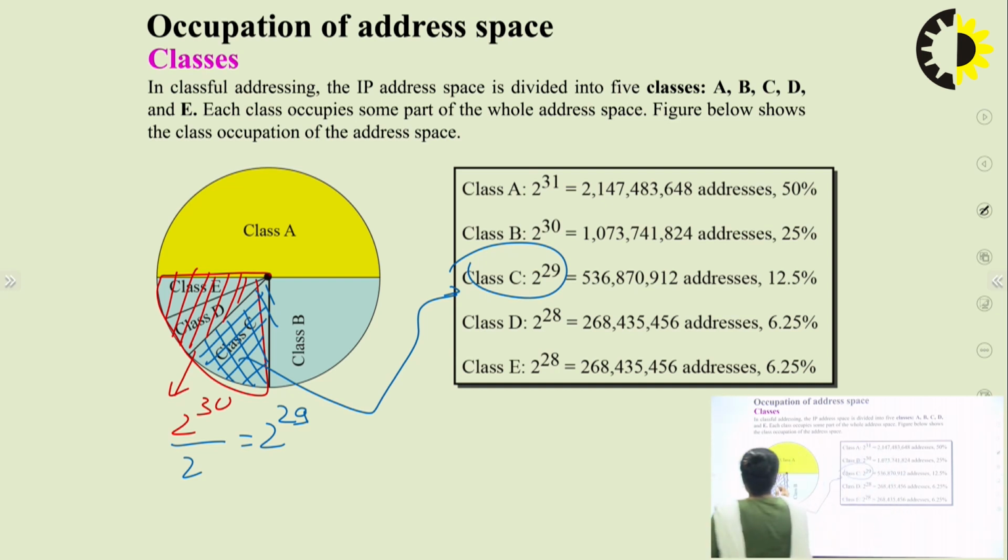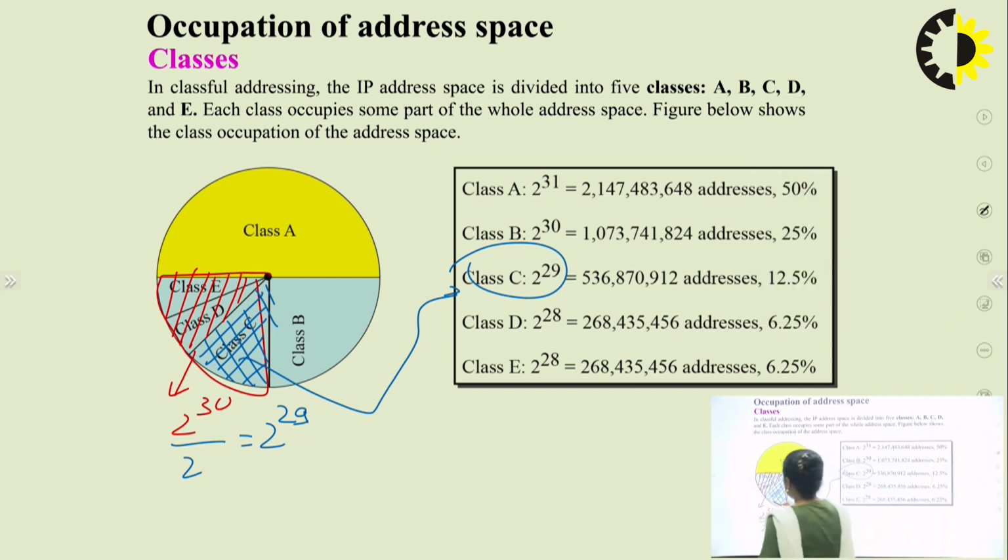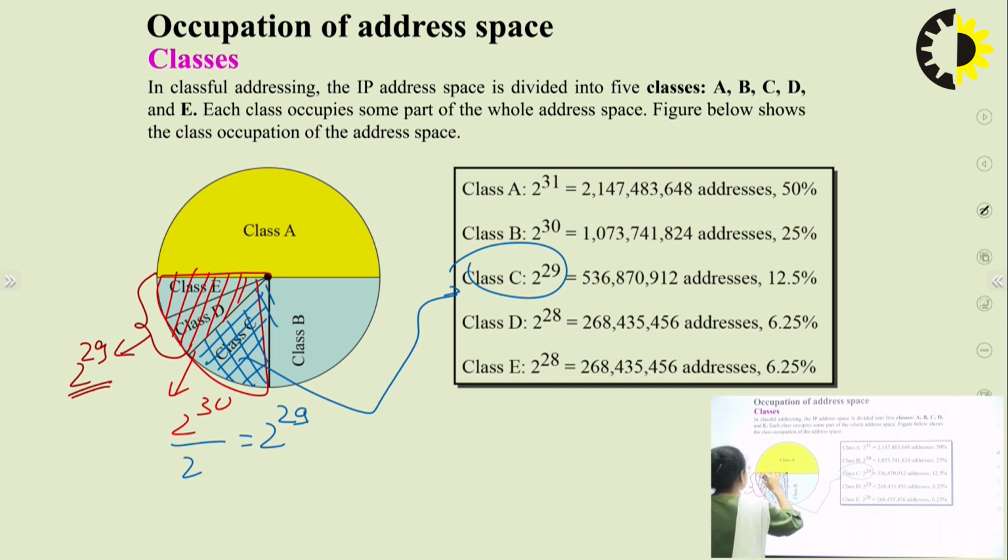Now let us come to the remaining part. If you look at it here, this part is having how many values? 2 to the power 29 number of values. We are again dividing this into two parts. This is the first part and this is the second part.